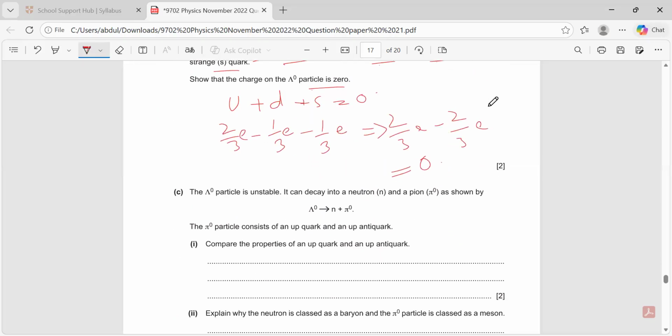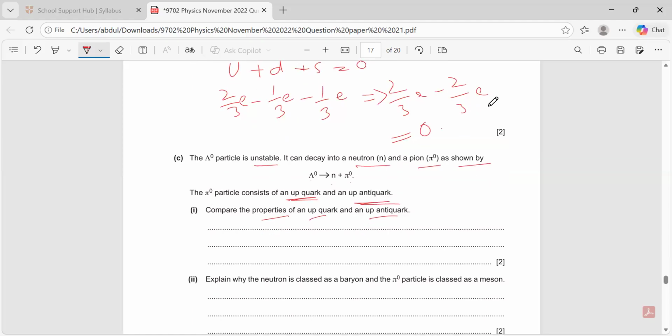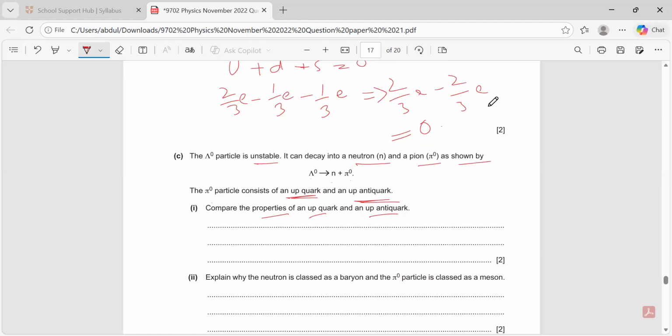Now, this is simply again a recall memory. Again, the lambda particle is unstable. It can decay into a neutron and a pion as shown in figure. So lambda is decaying into a neutron and a pion. The pion particle consists of an up quark and an up anti-quark. So compare the properties of up and anti-up quark.